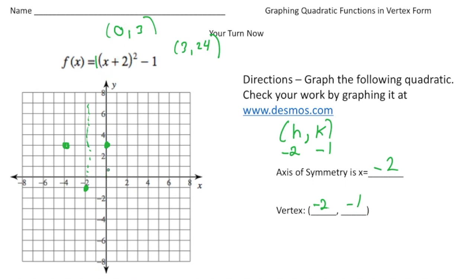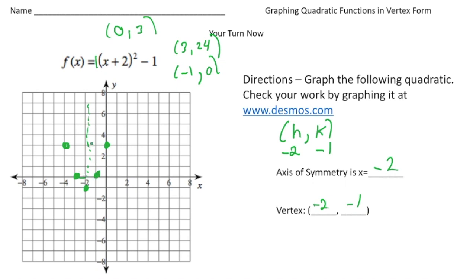How about a negative 1? So negative 1 is going to be our x value. Negative 1 plus 2 is 1. 1 squared is 1. And 1 take away 1 is 0. So negative 1, 0, that's going to be 1 point. And that's 1 unit away from the axis of symmetry. So I'm going to put another point right here.